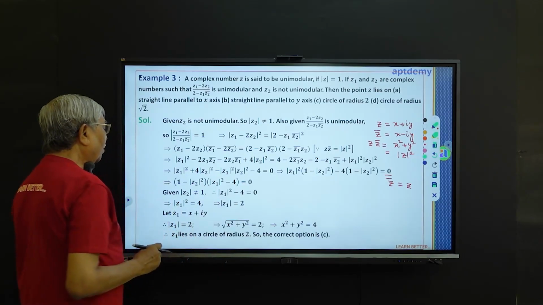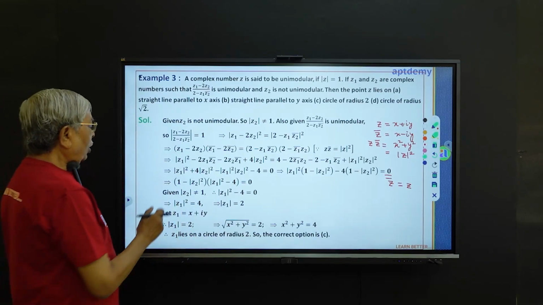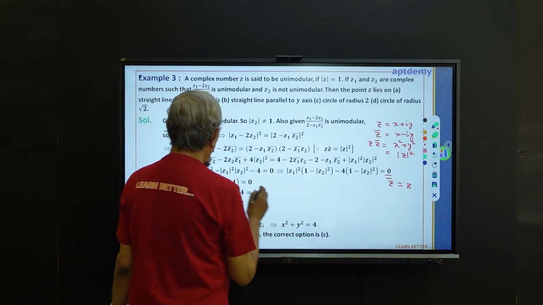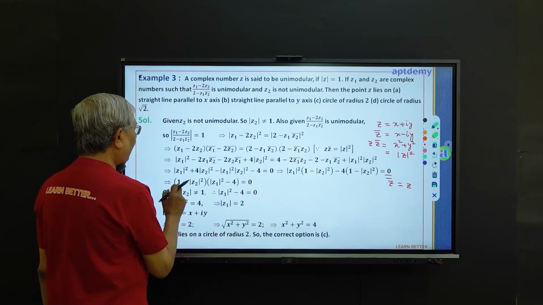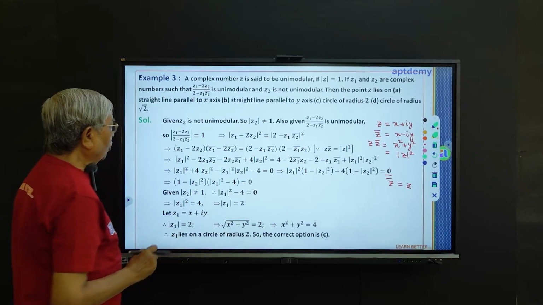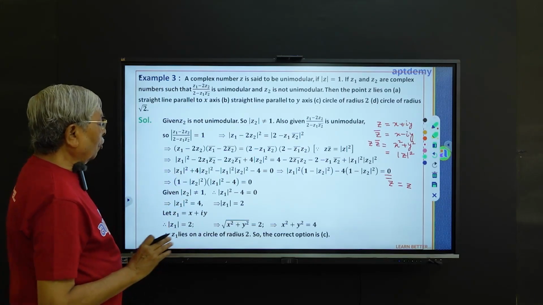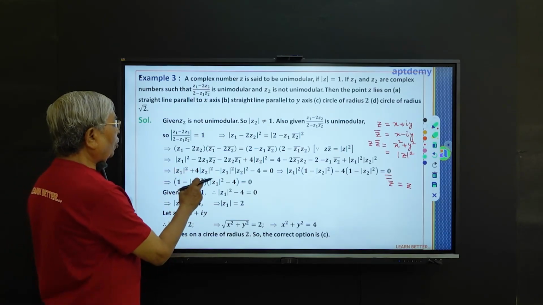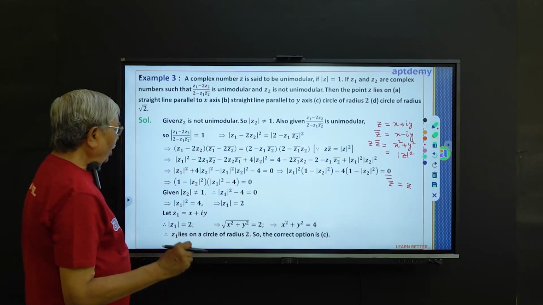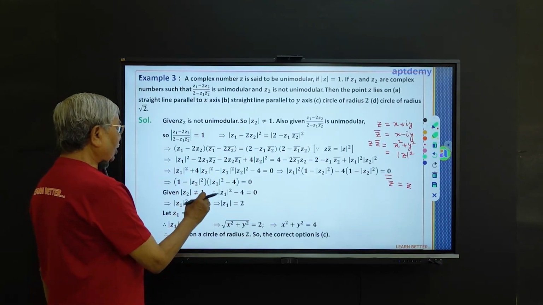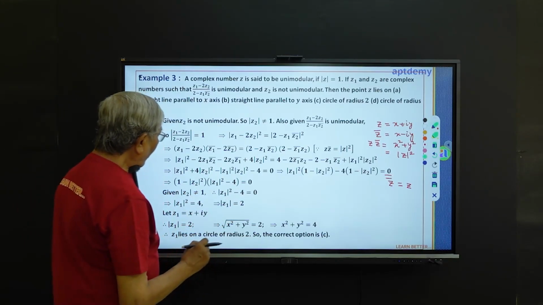You are given that mod of z2 is not equal to 1, so this factor is not 0. As mod of z2 is not equal to 1, 1 minus mod of z2 square is not equal to 0. Therefore mod z1 square minus 4 equals 0, and from that you can write mod z1 is equal to 2.